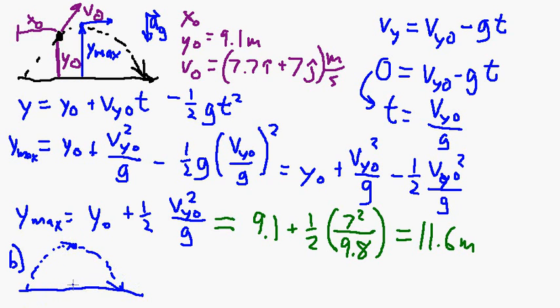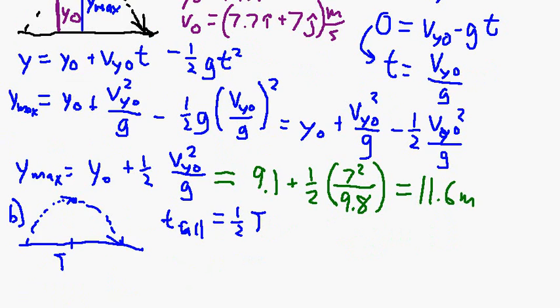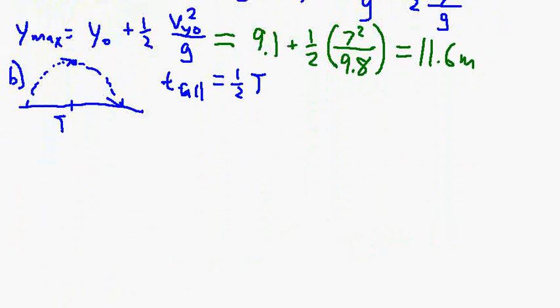So T fall is what I'm going to call it, but really, it's just 1/2 of big T, where big T is the time it takes to go from one side to the other. So T fall, let's change colors again just to keep things interesting, is 1/2 T, and that's going to equal the time it takes to go from Y max to the ground.